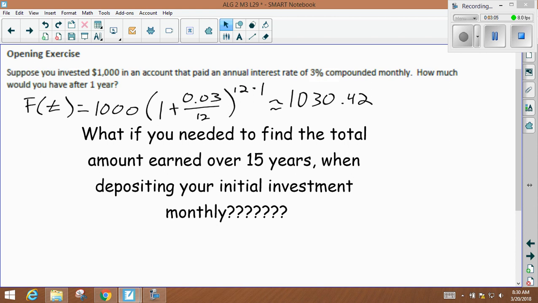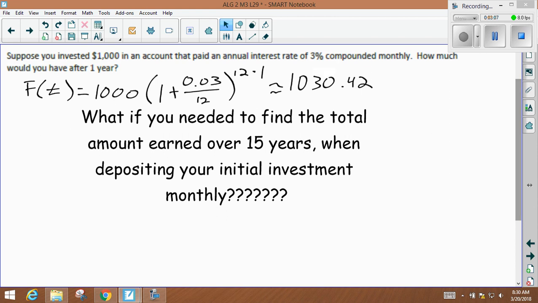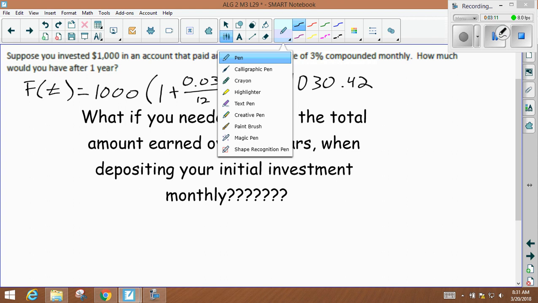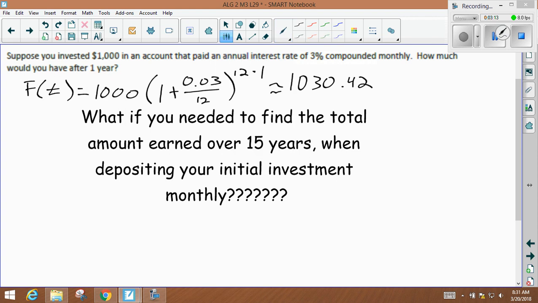Alright, so we have to look at what our interest rate is at this point. This thing right here is what is interesting to us. Let's calculate that real quick: 1 plus 0.03 divided by 12. This is the rate that our money increases by, right?